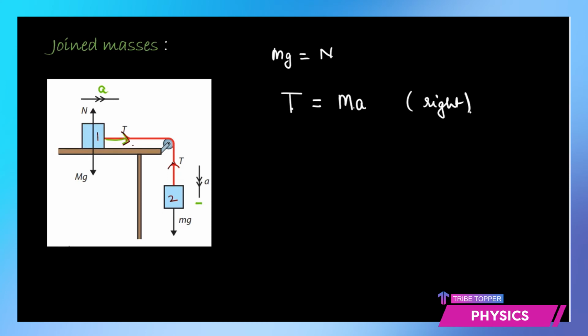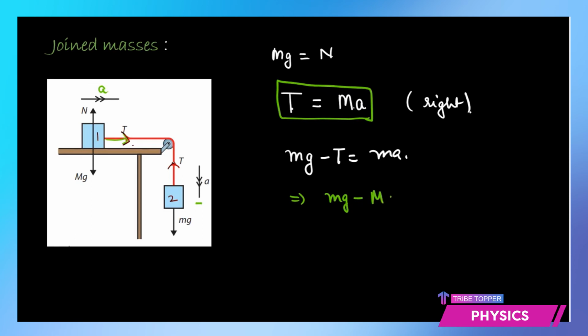And for the other mass m2, it's hanging vertically. The only two forces are mg and T. Because the acceleration is acting downwards, we will have mg minus T is equal to ma. From the first equation, I'll use this value of T, and I get mg minus ma is equal to ma.